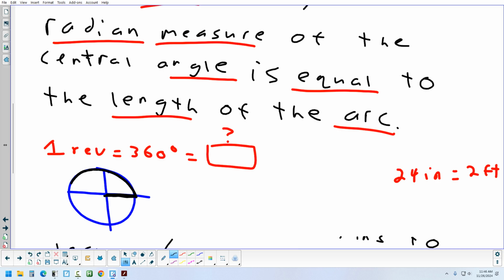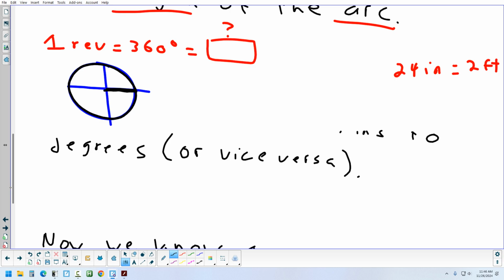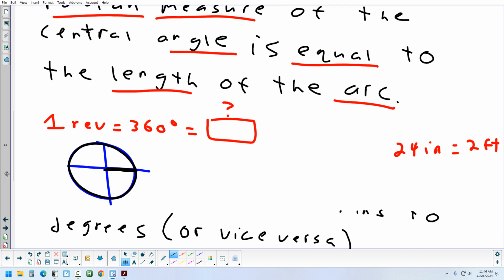Draw your arc. How big is that angle when the initial side and the terminal side are right on top of each other? 360. And now I have an arc that's so big, it takes up the entire circle.